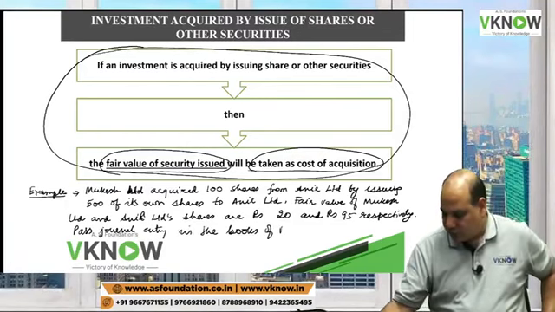Now pass the entry in the books of Mukesh Limited. Suppose you are the accountant of Mukesh Limited. What entry will you pass? Pass it yourself and give me the answer.